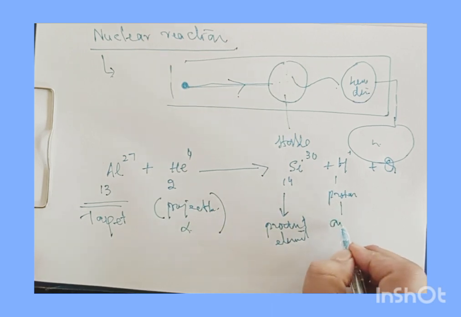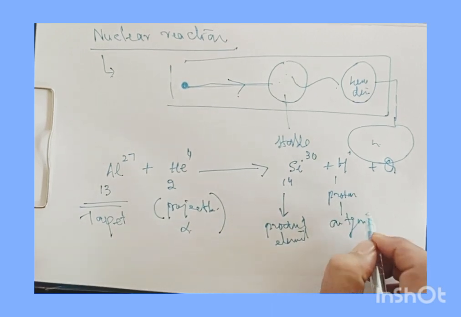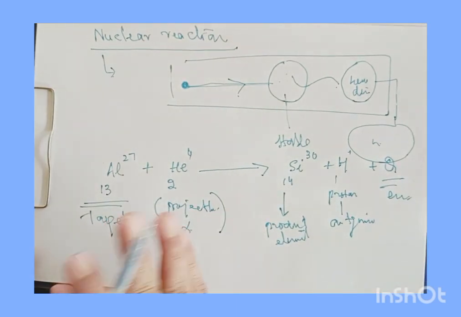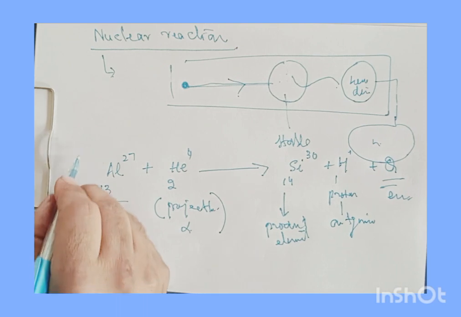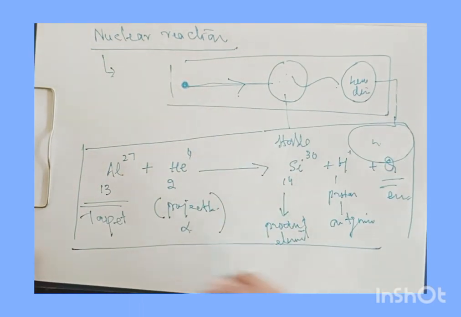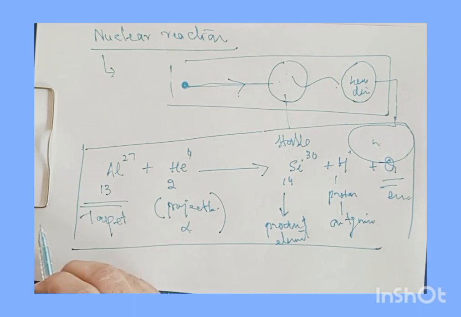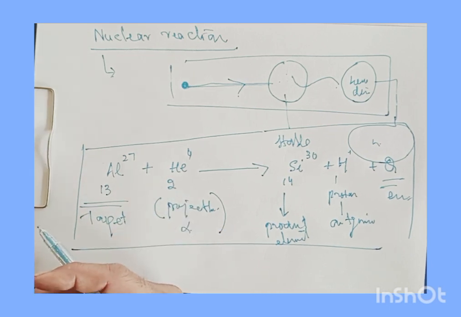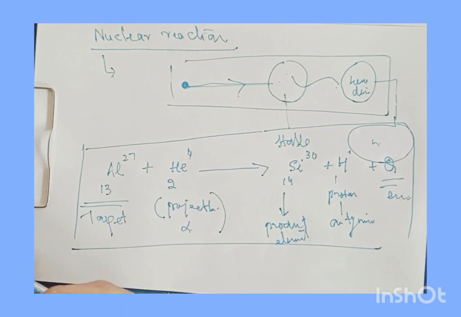So this is an outgoing particle and energy. So this is basically an example of a nuclear reaction. So what you do is you hit the nucleus with a particle, and you disturb it, and it breaks down, and while breaking down it converts into another nucleus, and you have a proton coming out of it.